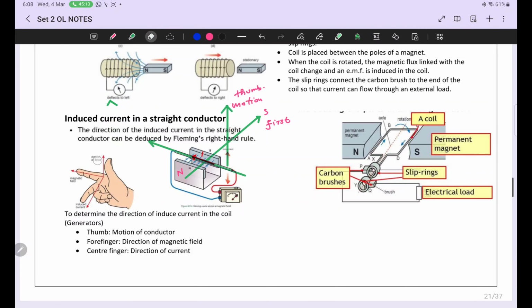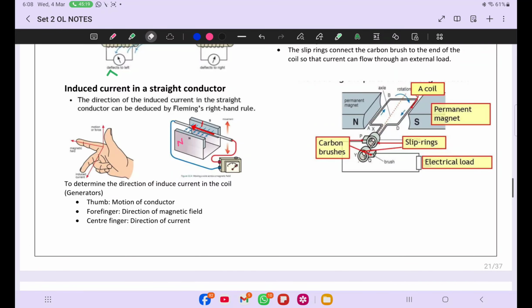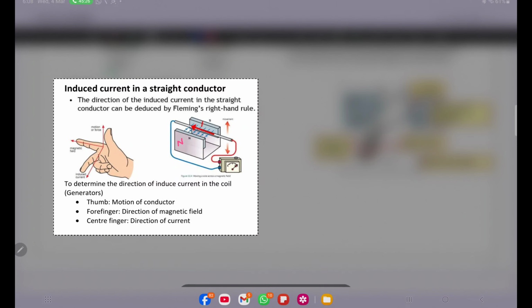Okay. So in a generator, sir, we use the right hand rule.